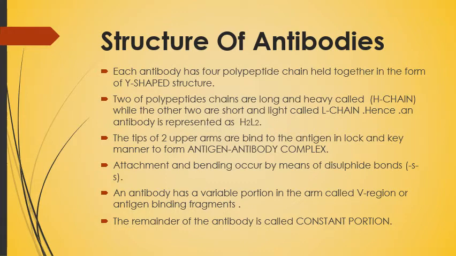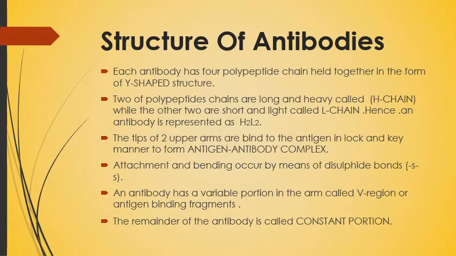Hence, an antibody is represented by the formula H2L2. The tips of the 2 upper arms bind to the antigen in a lock and key manner to form the antigen-antibody complex. Attachment and bending occur by means of disulfide bonds.